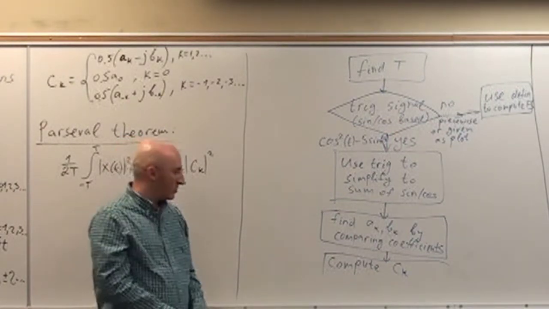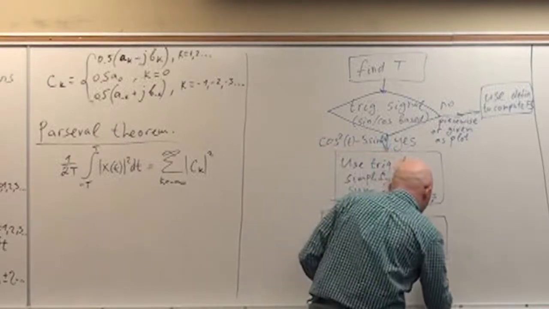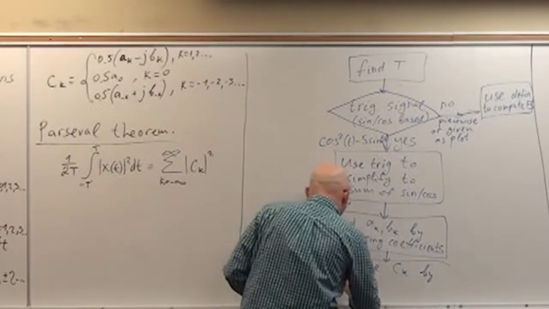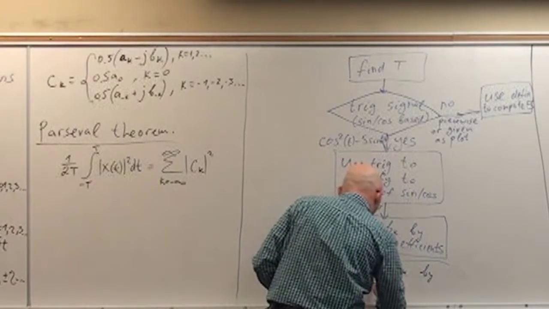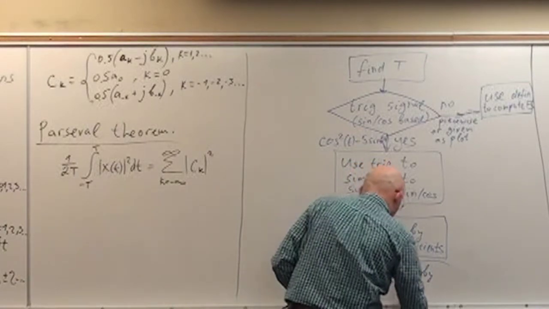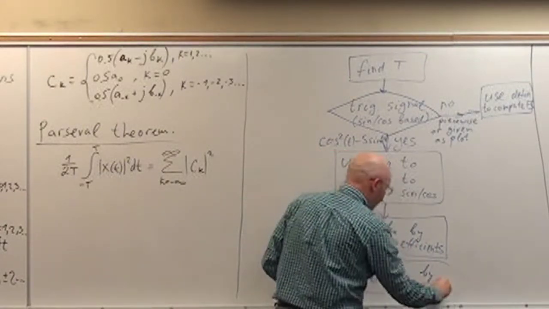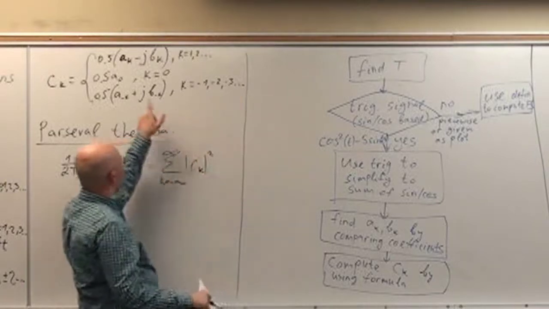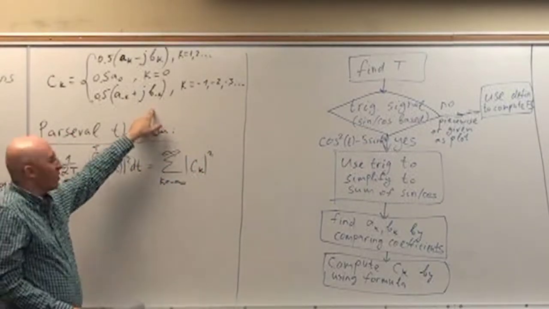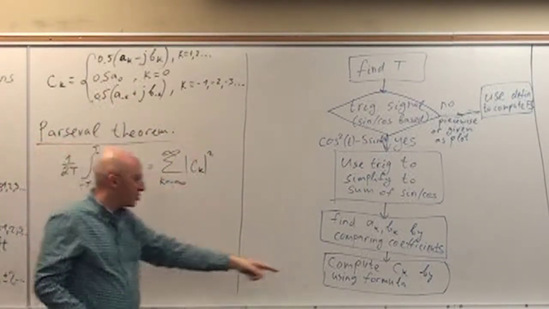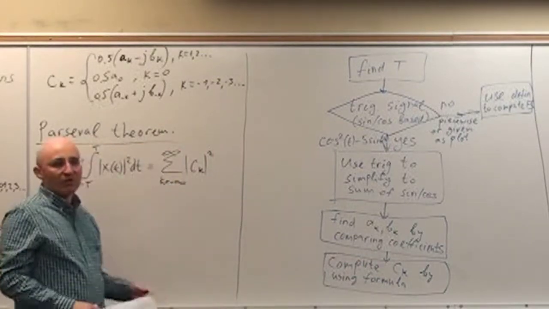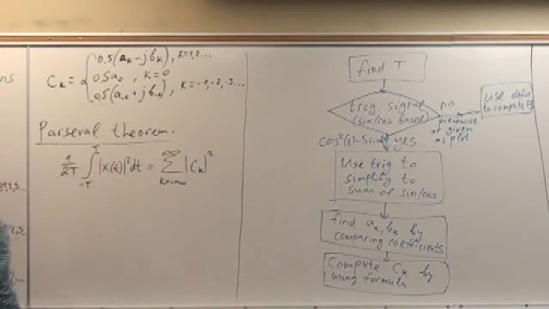You need to compute both. By using that formula. So you have already those coefficients a and b, just computing coefficients based on that formula, or, which is sometimes even more efficient, comparing coefficients to this one.